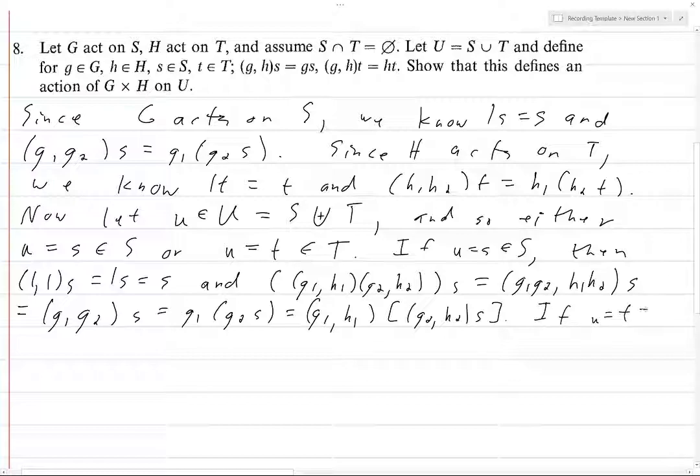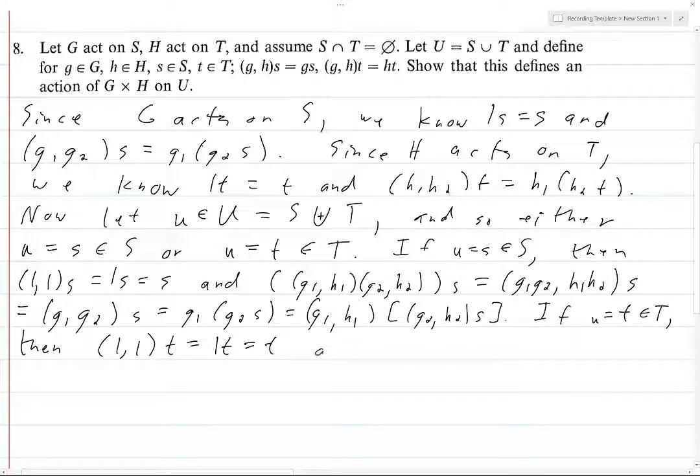So anyways, let's consider the other case. It's pretty much the exact same thing. If we're in T, then 1 comma 1 is just 1. And of course here, the 1 is coming from here, because that's the T entry, the T index.